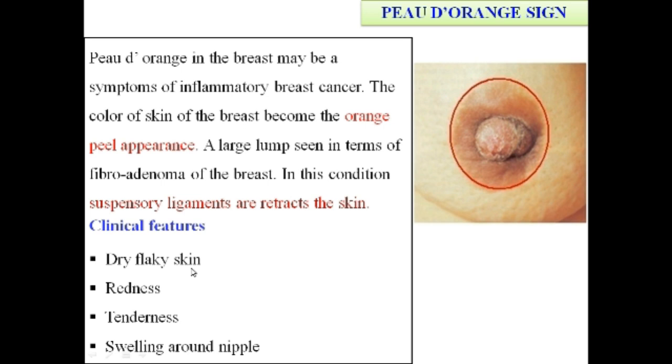The clinical features of these signs and symptoms are dry flaky skin, redness, tenderness, and swelling around the nipple.